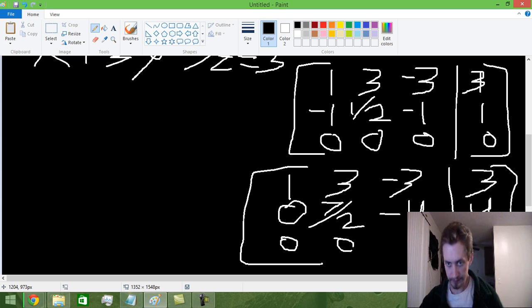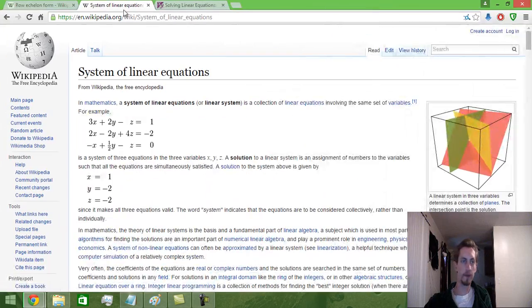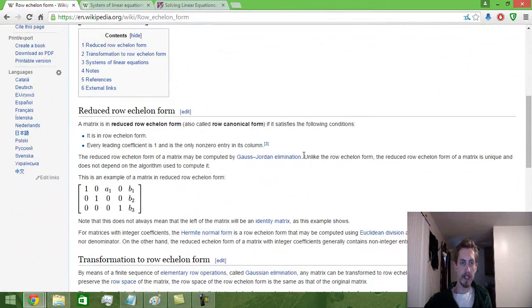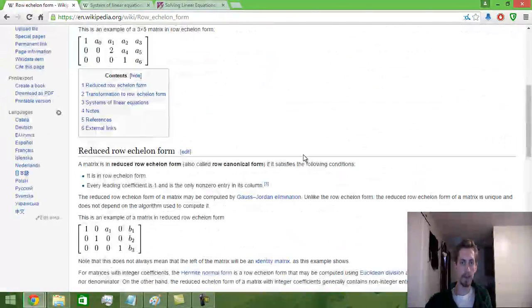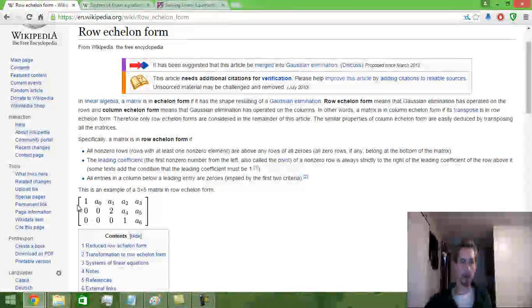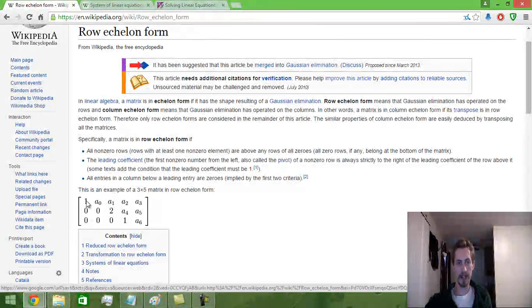Now, we have an equation of 2 variables, and that's as good as we're ever going to get. And I'll show you why. If we pull back up row echelon form, you can see that reduced row echelon form, and this doesn't show it too well, but basically what you want is you want a 1 on all your diagonals.